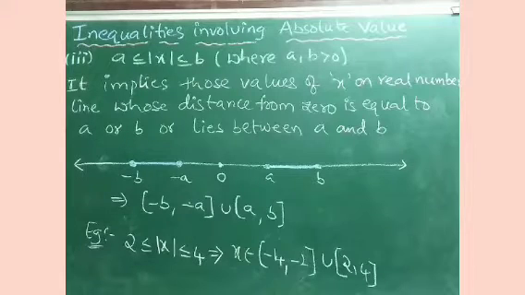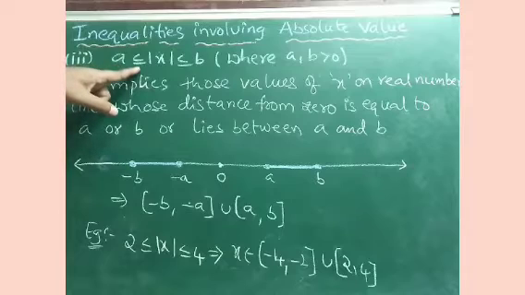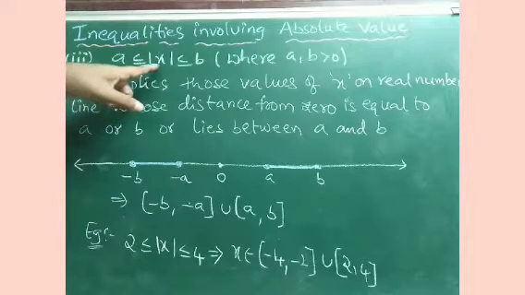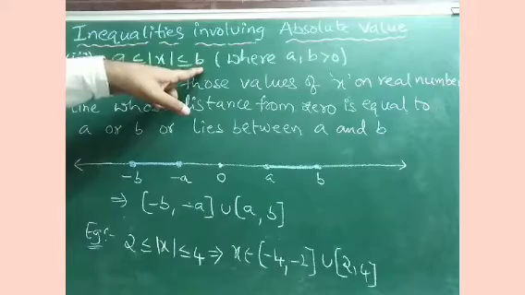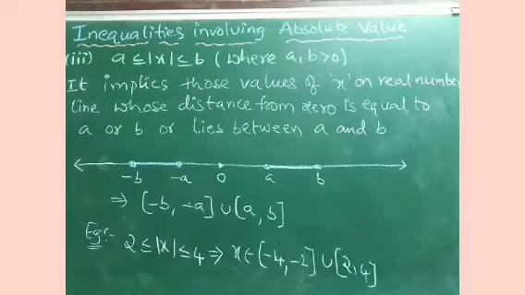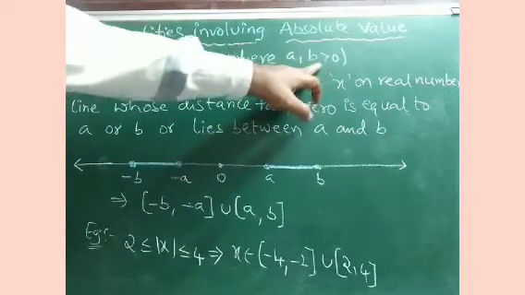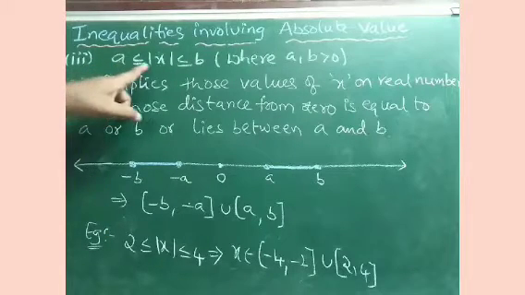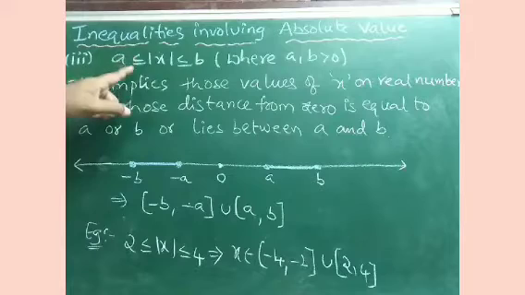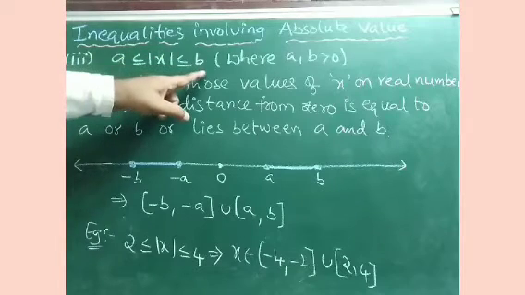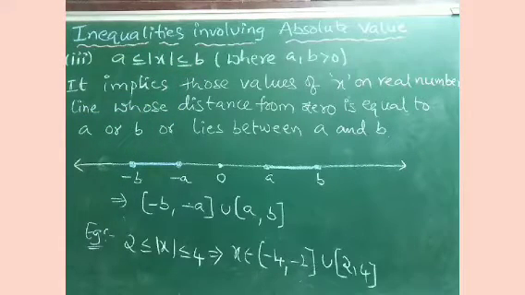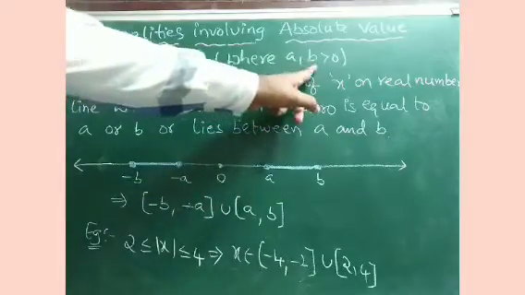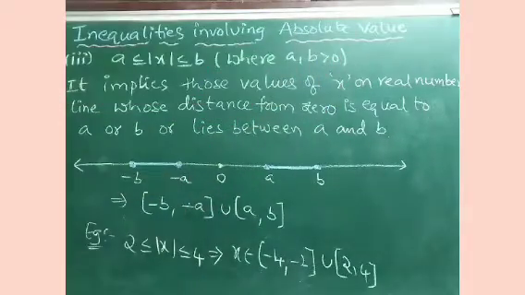So look at the third point. a less than or equal to modulus of x less than or equal to b, where a comma b are positive, both are greater than zero. So look at the condition once again. Modulus of x lies between a and b, including a and b, and the condition for a comma b is that both are positive.